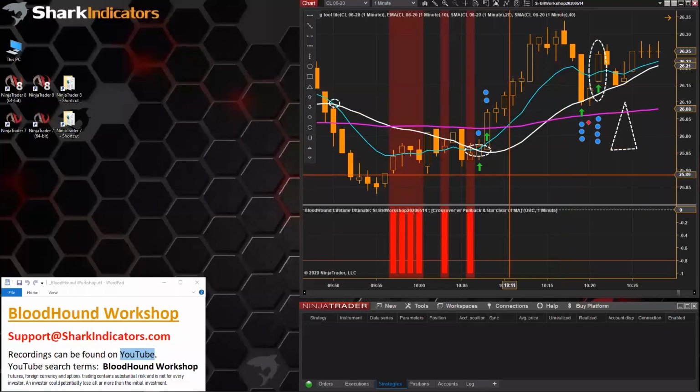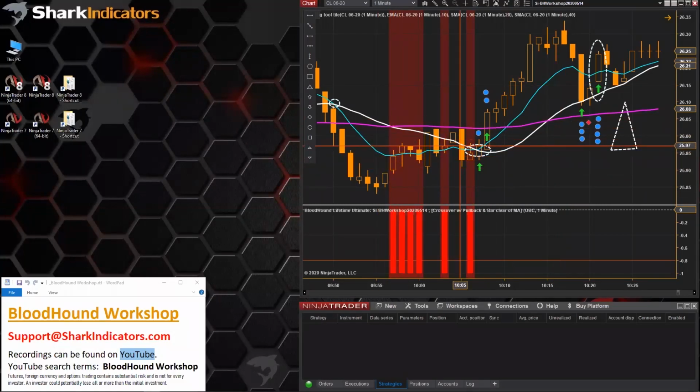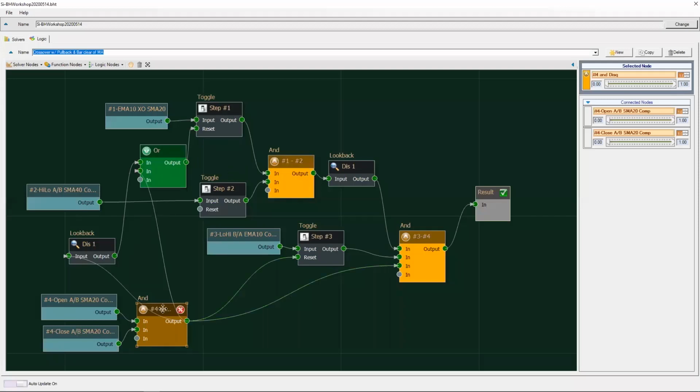That's when the open and the close is below the SMA 20, when step 4 is producing the disqualification signal, which is going to be a short, and that needs to go right into the toggle node immediately.